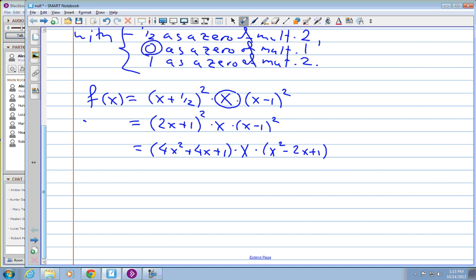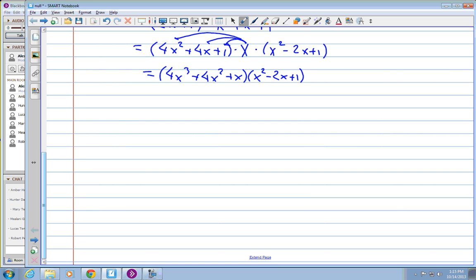So then throw in the x. If we distribute the x through one of those parentheses, we'll get 4x cubed plus 4x squared plus x, and then x squared minus 2x plus 1. Either the first one or the second one, that doesn't matter. And then we'll do a big long FOIL, and that will give us the actual polynomial.